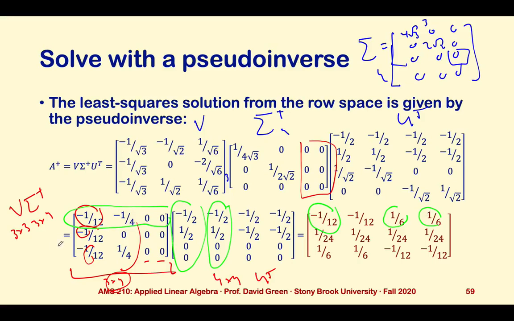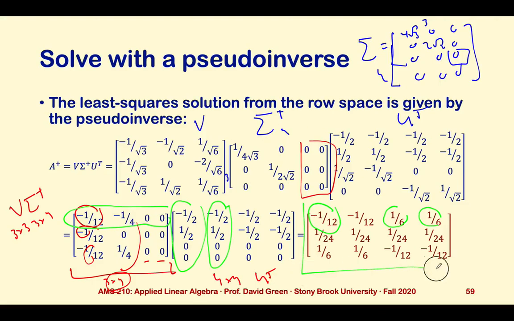For the second row, we actually only have one non-zero entry, so this is just negative 1/12 multiplied by negative a half, negative a half, negative a half, negative a half, a row of all 1 over 24. In the last row, the sign is changed in the second entry, so we have negative 1/12 times negative a half is plus 1/24, plus 1/8 is 1/6, just as we saw here, and plus 1 over 24 minus 1/8 is the same thing we saw before, negative 1/12.